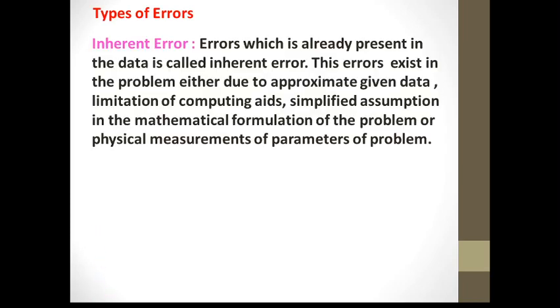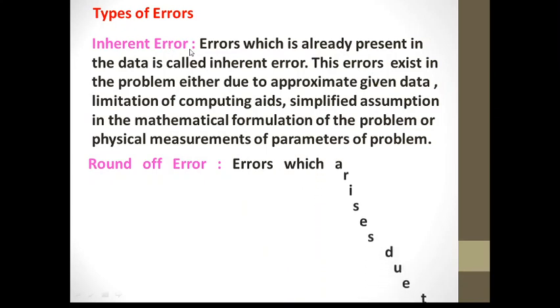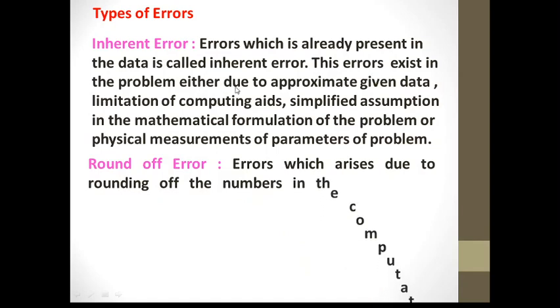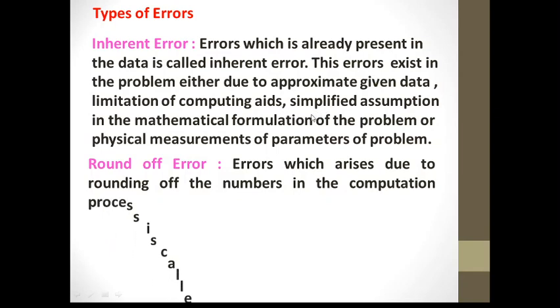Now let's see what types of errors we encounter during practical calculations or applications. The very first error is inherent error. What is meant by inherent error? Error which is already present in the data is called inherent error. These errors exist in the problem either due to approximate given data, limitation of computing aids, simplified assumptions in the mathematical formulation of the problem, or the physical measurements of the parameters of the problem.